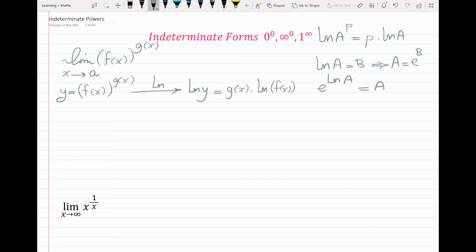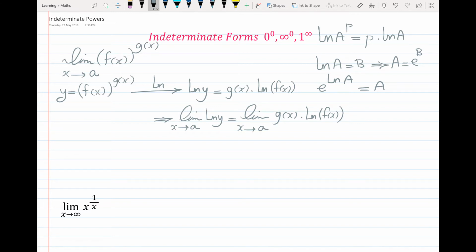We bring the power g of x to the front of ln, using the first property that I mentioned. Then we take the limit from both sides: the limit as x approaches a of ln of y equals the limit of g of x times ln of f of x as x approaches a.